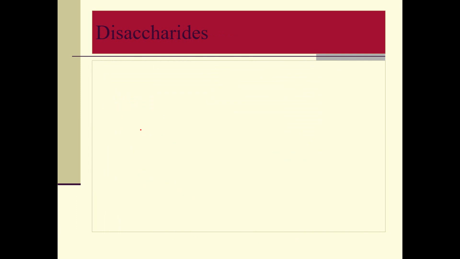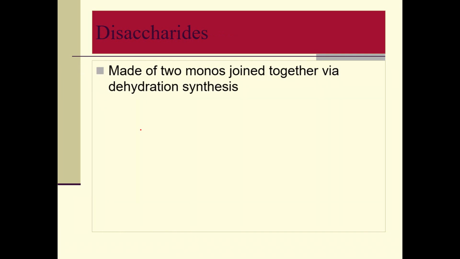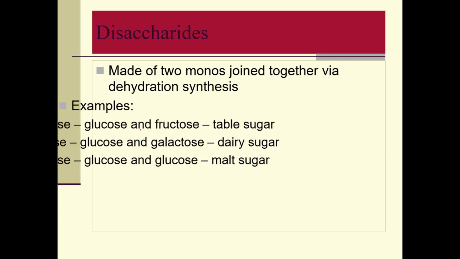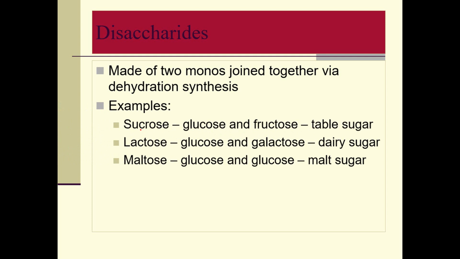Disaccharides are made up of 2 monosaccharides that are joined together via dehydration synthesis, which we already know. And then you just have to know examples. So you do have to know these. Sucrose is made up of glucose and fructose, and that's the sugar that you add to your coffee. Lactose is made up of glucose and another monosaccharide that we haven't covered.